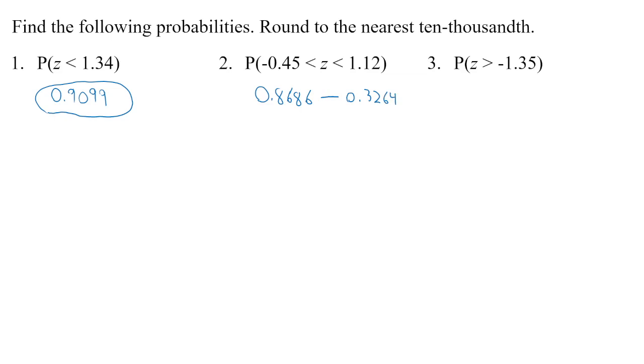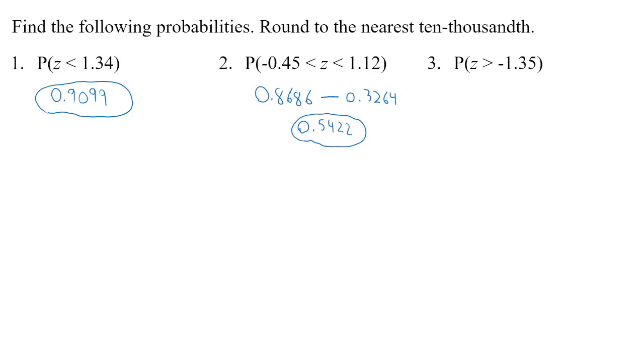Now that you found your two probabilities, all you have to do is subtract them, and you will get 0.5422. So that will be your solution.